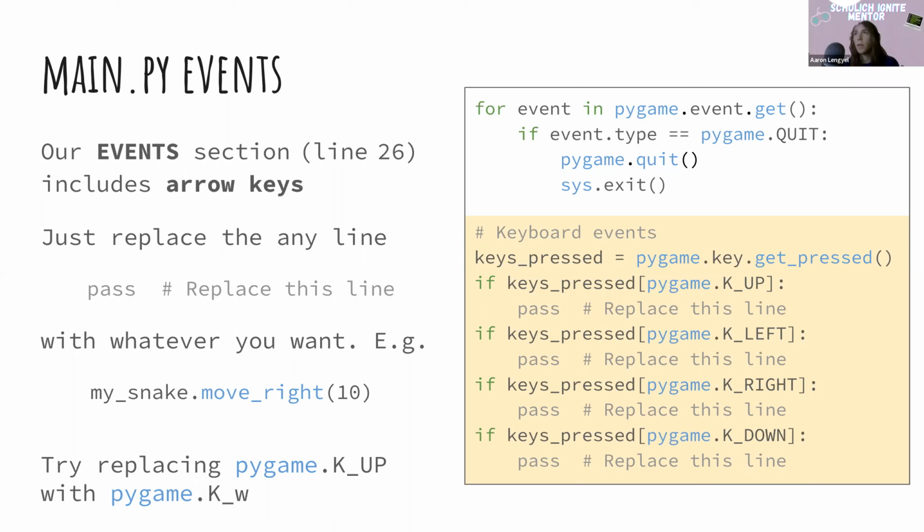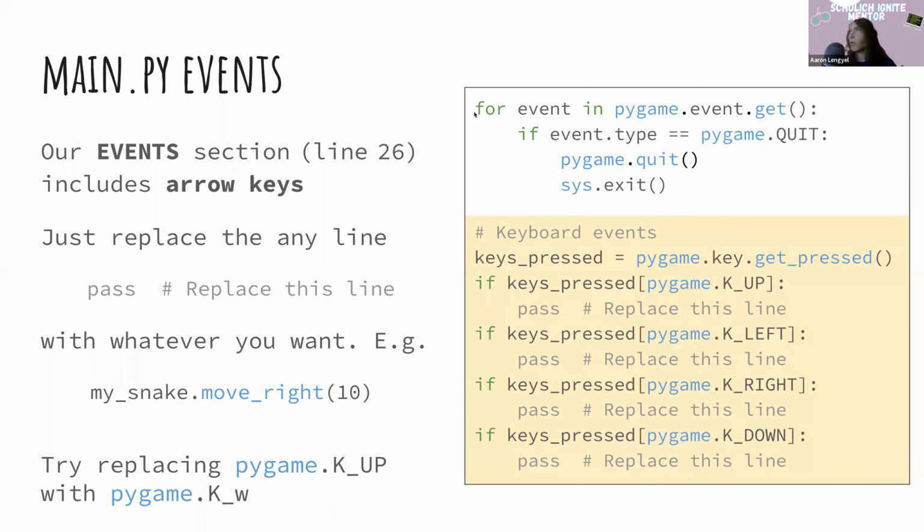Events include things like arrow keys, button presses, anytime I press anything on my keyboard. Those are events, and you want to handle them in some way. We've already dealt with this a little bit.